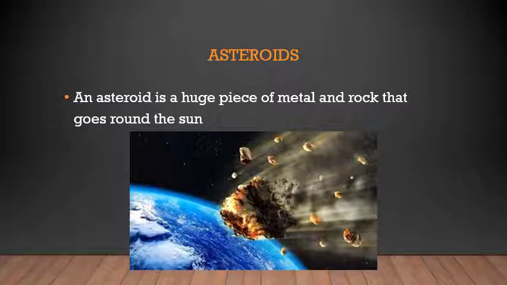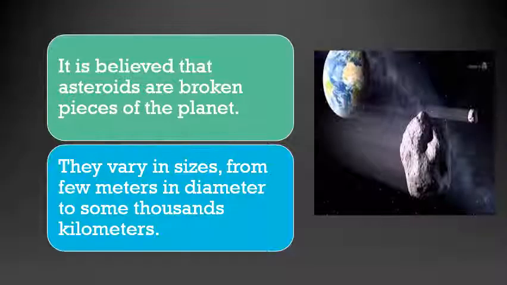It is just going around without any direction. It can go in any direction, and it can change its direction also. Now, it is believed that asteroids are the broken pieces of a planet. Like how there is Earth, there are many other planets also. It is believed that these asteroids are a failed planet formation.